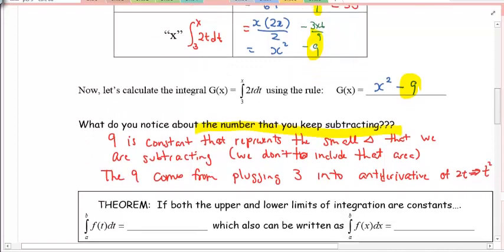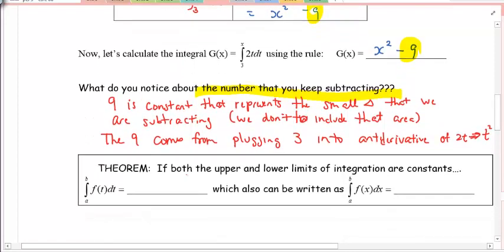So hopefully you can now visualize and see what's going on. If you have both upper and lower limits of the integration and both of them are constants, what you're actually doing is you're going to find the antiderivative of the function. I'm going to use capital F to represent that. And you're going to evaluate it by plugging in the upper limit and subtracting it from the lower limit.